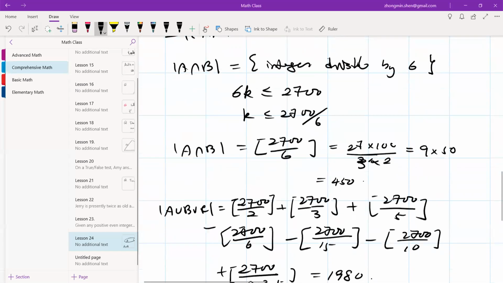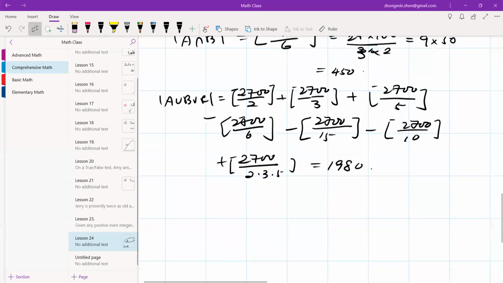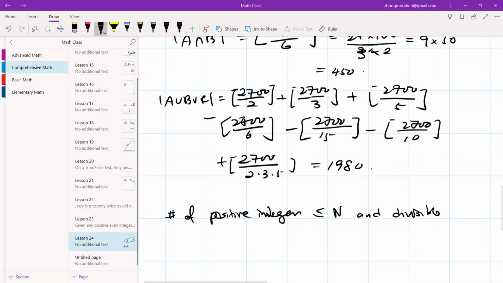So, yeah, let me repeat the formula, okay? The number of positive integers less than or equal to capital N, and divisible by P is going to be N divided by P, and take the integer part.